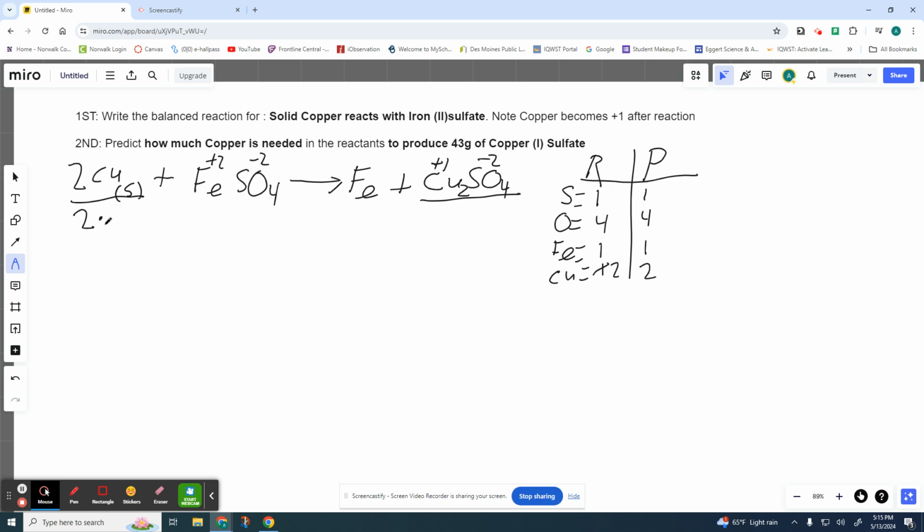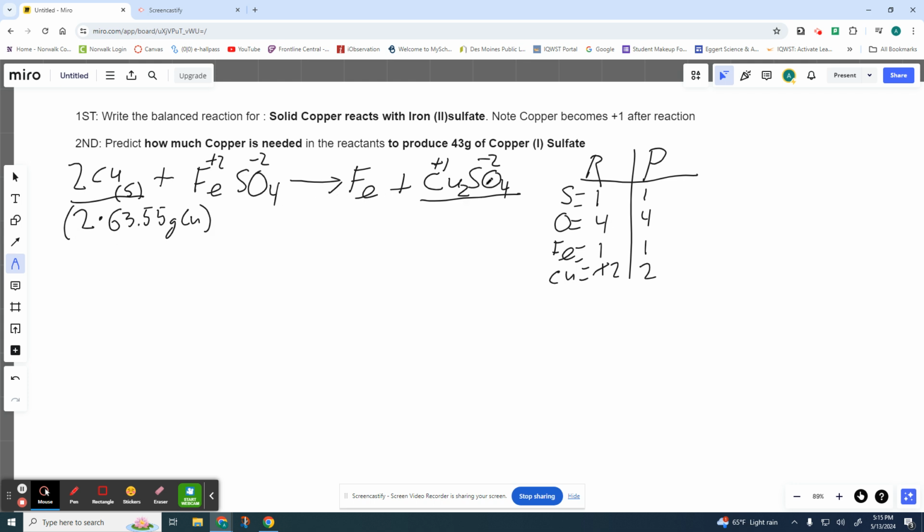On the periodic table, 1 copper has a mass of 63.55 grams. I'm going to put parentheses on here and use this in my unit multiplier reaction.